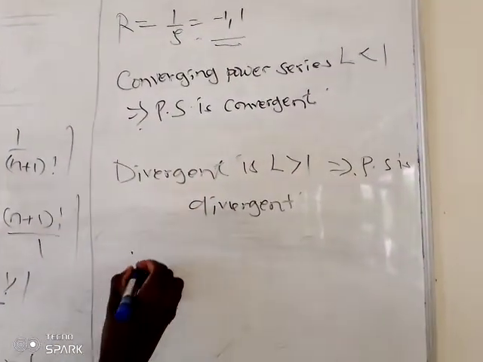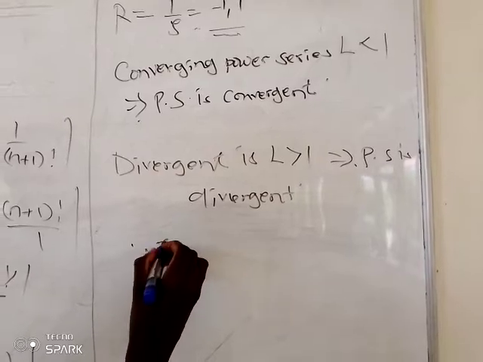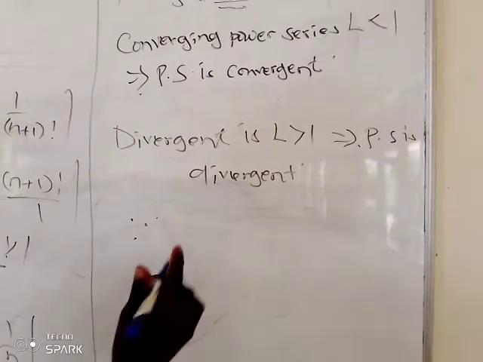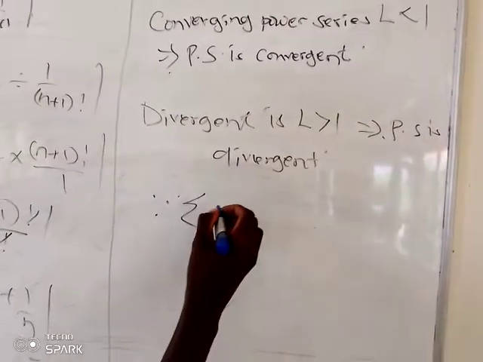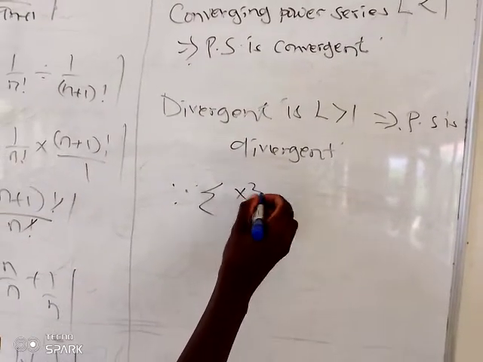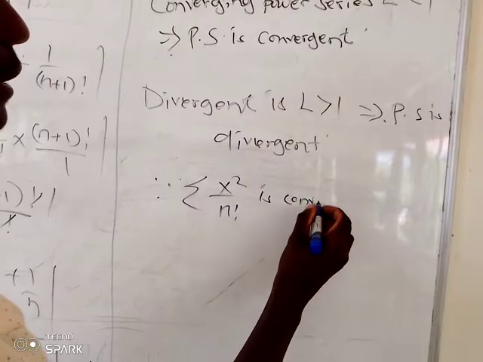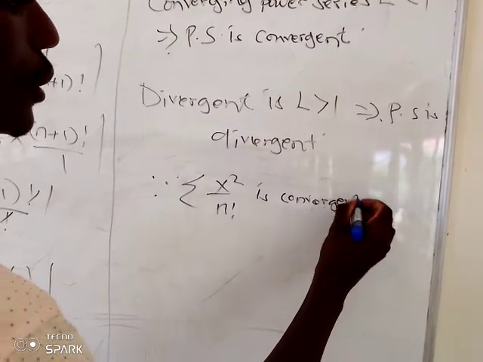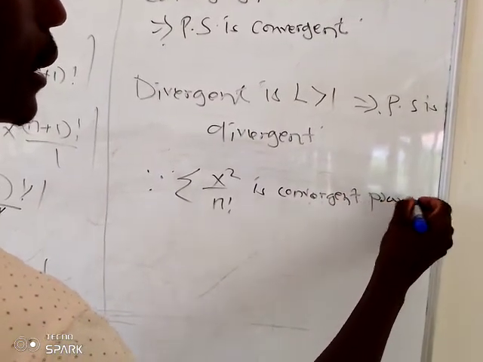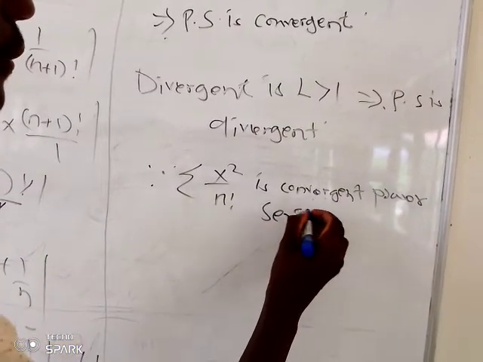Then we can conclude that our power series, summation of x squared all over n factorial, is a convergent power series.